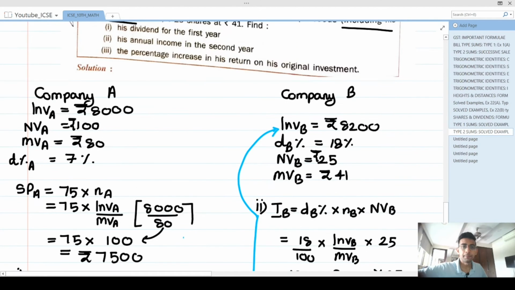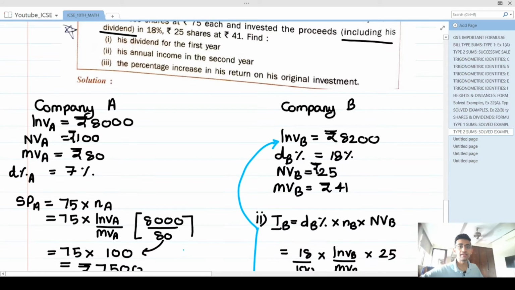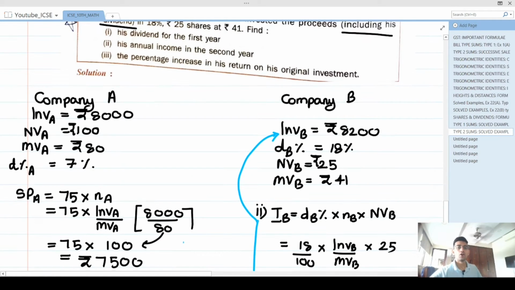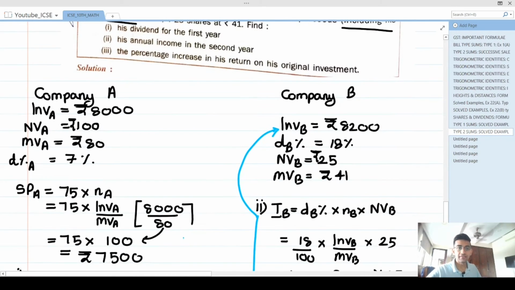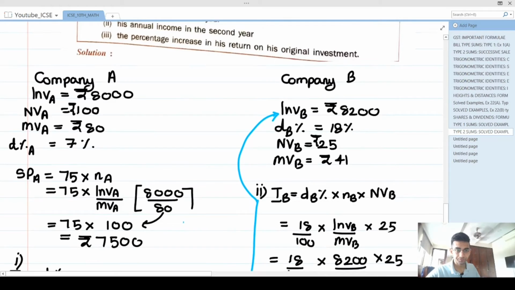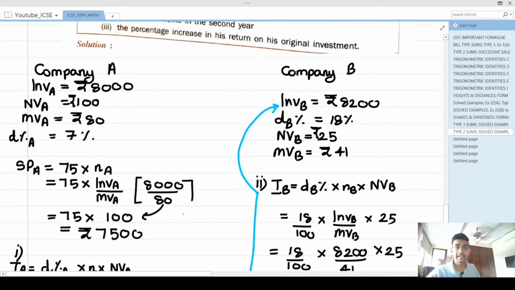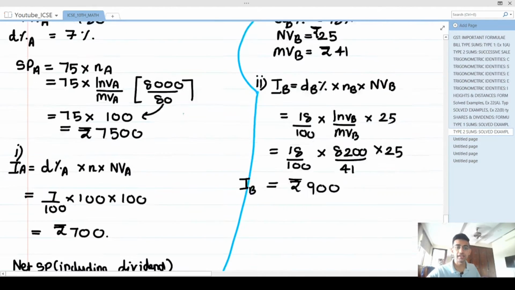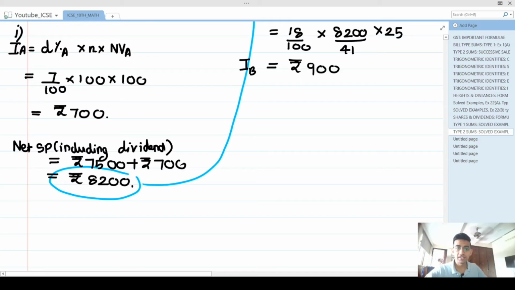Next, the percentage increase in return on his original investment. So we have to find increase in return on original investment. What was his original investment? Please read the question properly, okay? This part is a little tough. Original investment is rupees 8,000.